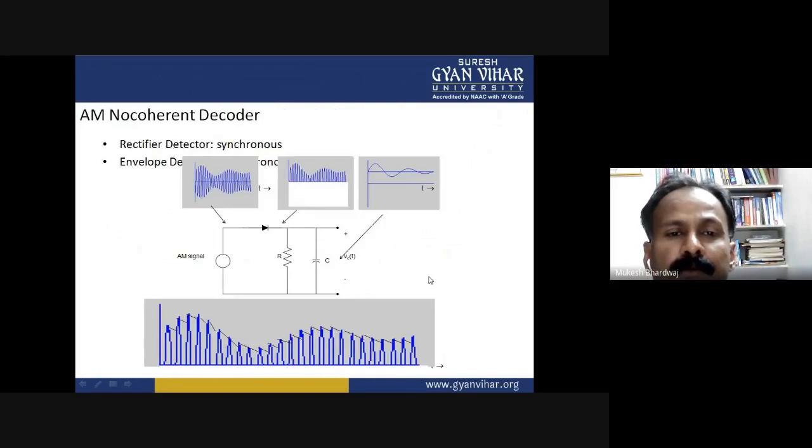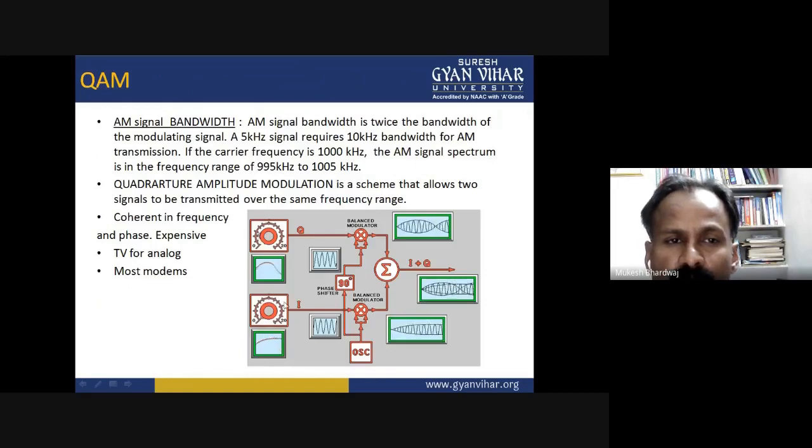Amplitude modulated non-coherent detector, rectifier detector, synchronous envelope detector, and these are some of the presentations or diagrams shown. Now quadrature amplitude modulation, QAM.